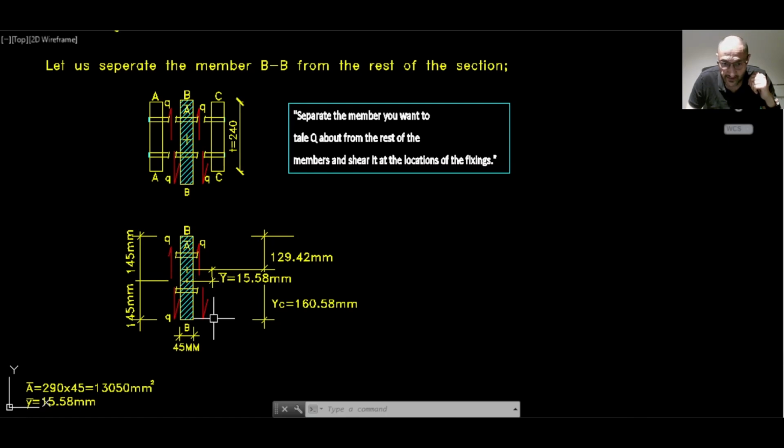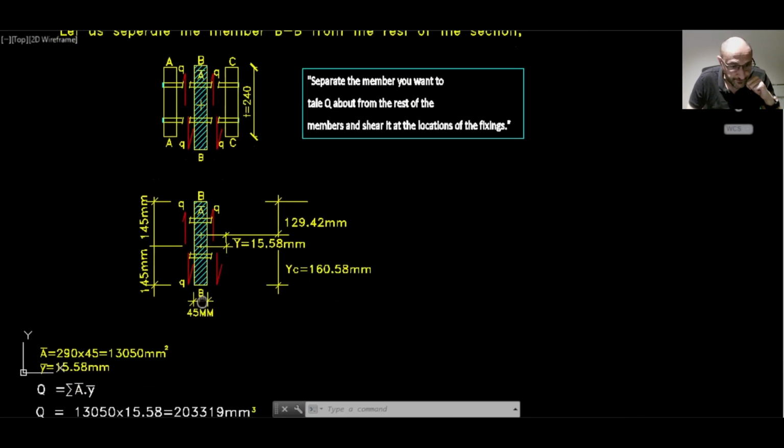In this case, Y bar now will be 15.58. Again, Y bar is the distance between the area that we are interested in, that hatched area here, and the centroid, the geometrical centroid of the entire section. In this case, it's 15.58 millimeters.